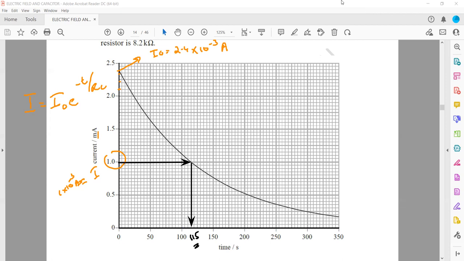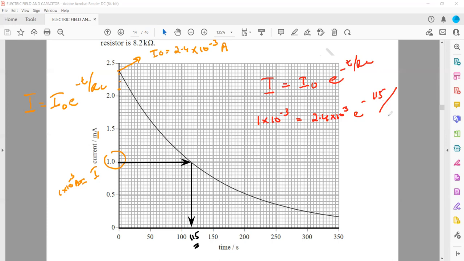Now we'll use the formula I equals I naught e raised to power minus t over RC. The current I is the current at a specific time interval, which is 1 milliampere. I naught is the maximum current at the beginning, 2.4 into 10 power minus 3 ampere. The time taken to change from I naught to I is 115 seconds.